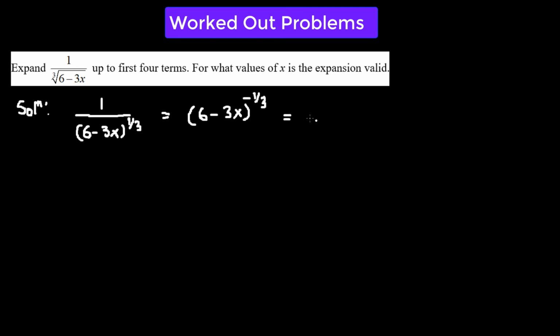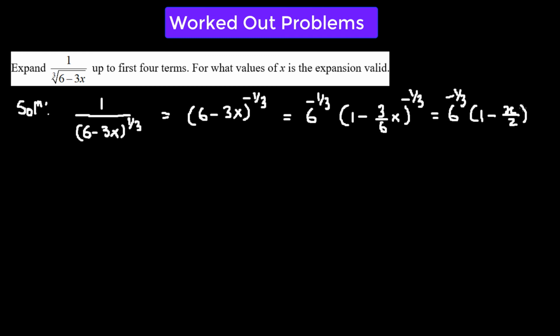Now we're going to factor out 6, so we'll have 6 raised to the power of negative 1/3 times (1 minus 3 over 6 times x) raised to the power of negative 1/3. So this is simply 6 raised to the power of negative 1/3 times (1 minus x over 2) raised to the power of negative 1/3. So let us apply the binomial theorem.